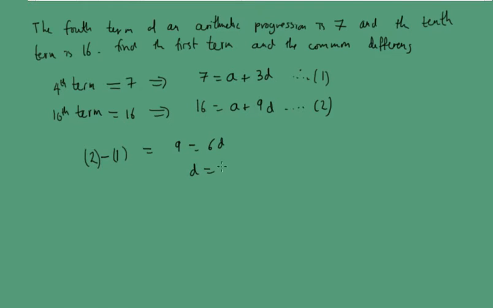So d must equal 1.5. And now we're going to substitute back into 1, so a plus 3 times 1.5 equals 7, and that must mean a is 2.5. So the first term is 2.5 and the common difference is 1.5.